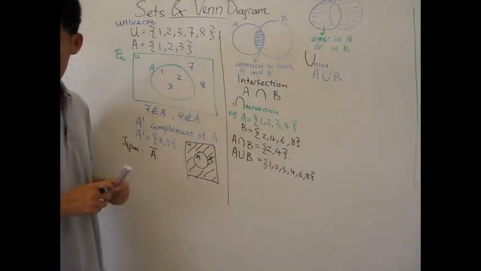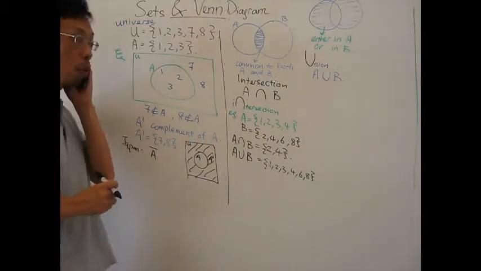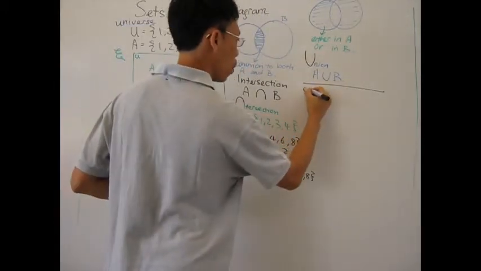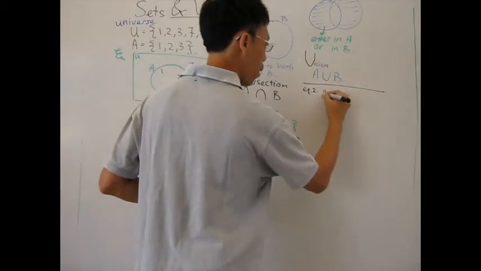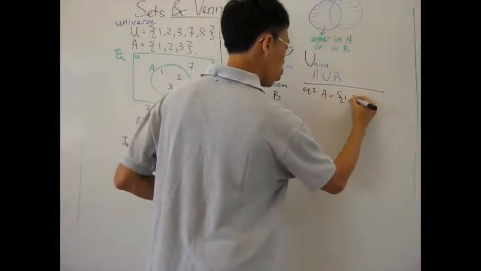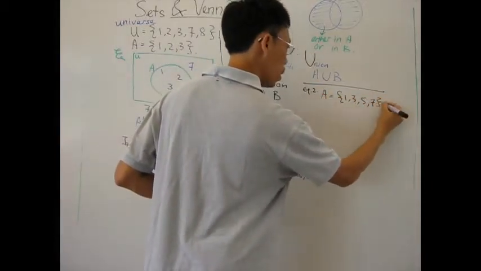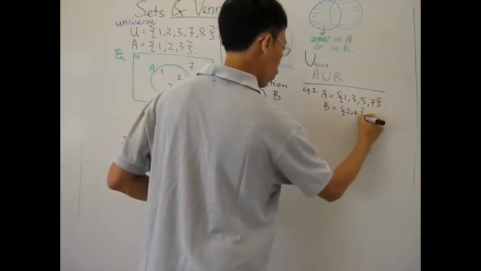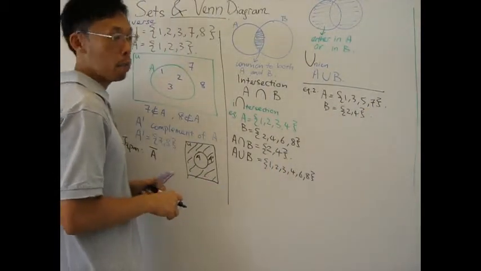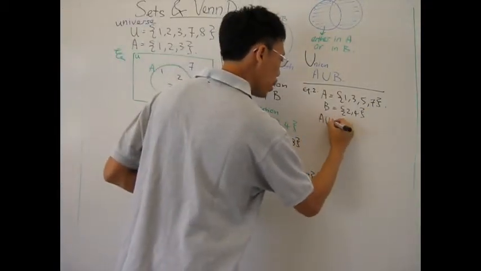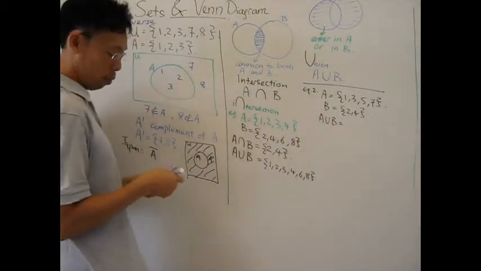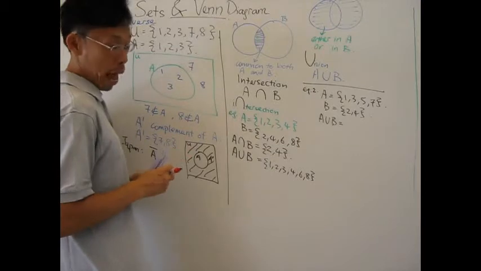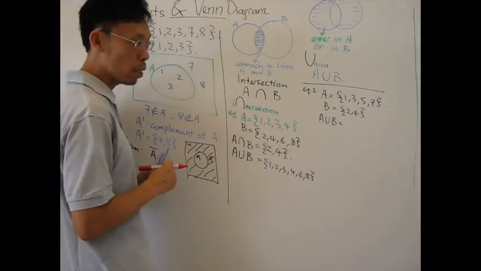And let's look at another example. So this is example number 2. Let's say A is 1, 3, 5, 7, and B is 2, 4. And this time I ask, what is A union B? Well, that's easy. A union B means I add up all the elements. Can you do it first?